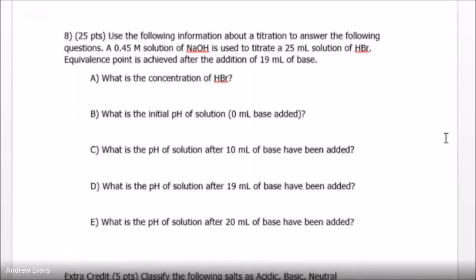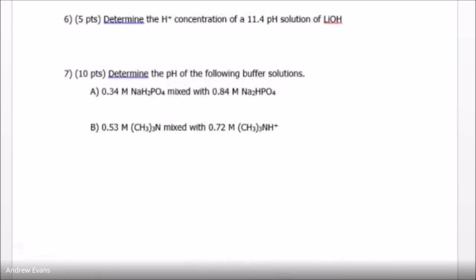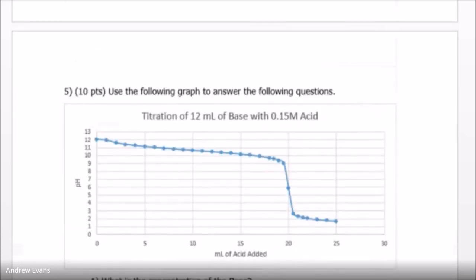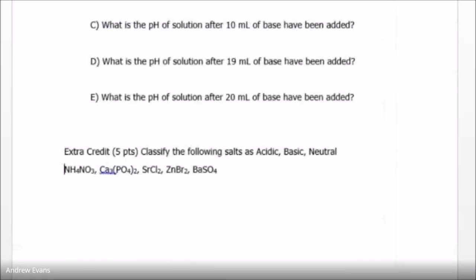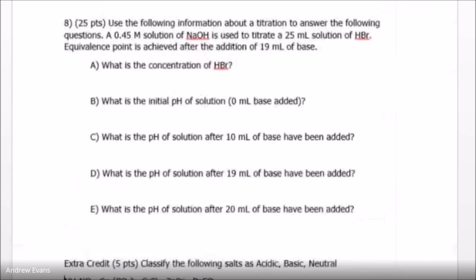Titration problem. Because this was a take-home test, I asked more about titration. And then the bonus was classifying these salts, but expect more salt questions. Classify the following salts. So we'll get to how to do that again on Tuesday.